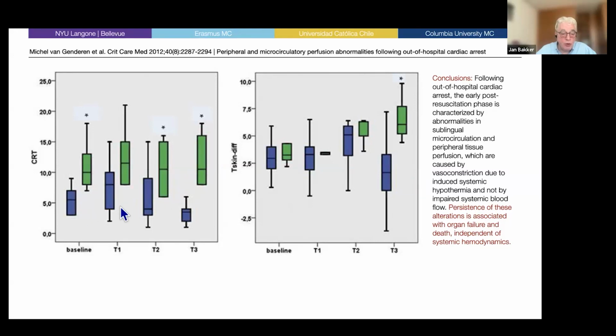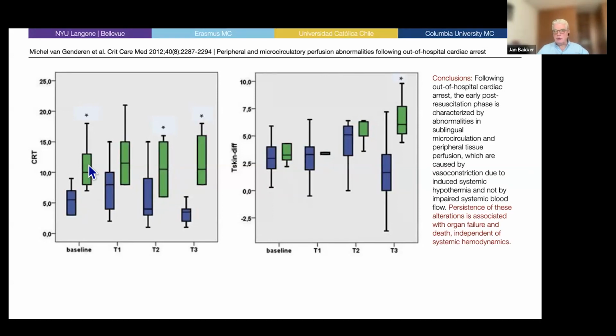And so they're both abnormal, but they're more abnormal in the patient that ultimately died, the green ones. This is the induced abnormality with the intervention, cooling. And this is the added abnormality due to the abnormal circulation in these dying patients.